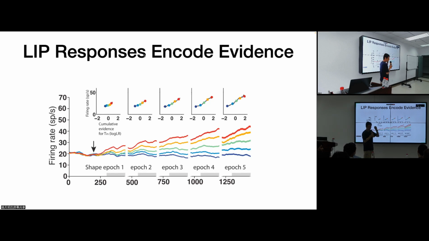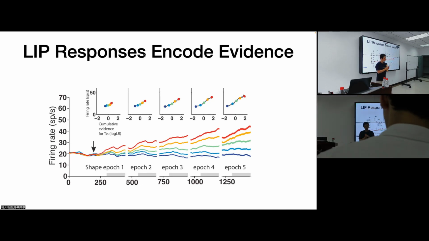So again, when we compare this experiment with the previous experiment, in the previous experiment, if you simply add up the weights associated with each shape, that's not the true log likelihood ratio because they are correlated. So you have to discount the later shapes. And after you compute the correct log likelihood ratio, you still get this relationship. That means the neurons are not just simply adding these shapes together, they are really computing the log likelihood ratio. In this experiment, the two things are the same. You're just adding things up. Right.